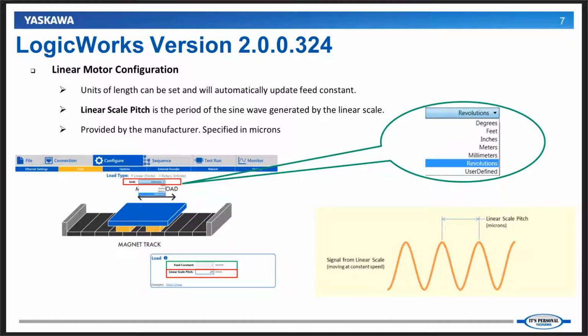This parameter is normally provided by the manufacturer itself, and it usually is in microns. And you can also see this graph. It's actually a distance between 2 peaks of the sine wave generated by the linear scale. And please make sure that you enter this correctly before you operate your linear motor.